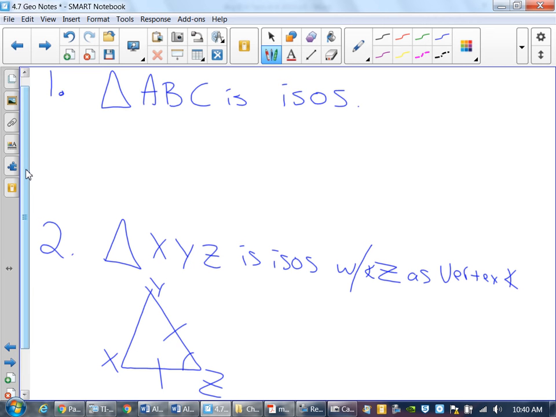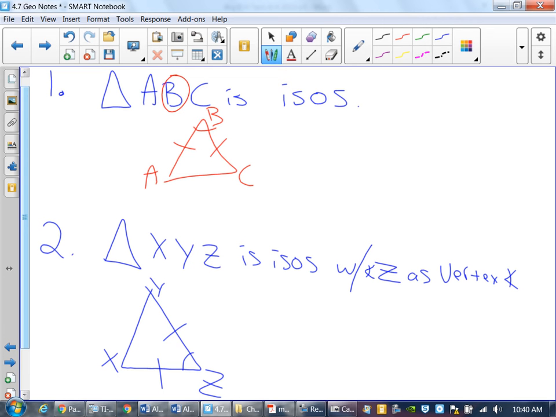If it doesn't say specifically, it means that the middle letter is the vertex angle. This is the one time I'm going to allow you to make an assumption, because it's more of a generalized practice for isosceles triangles.